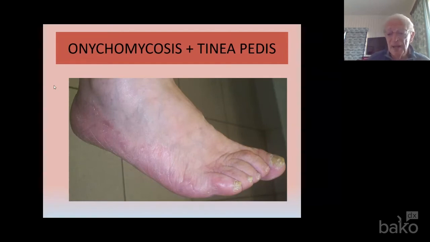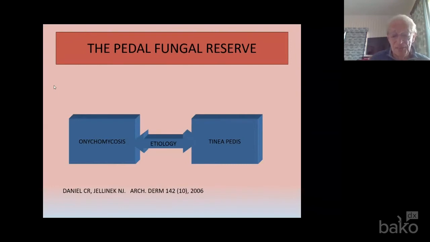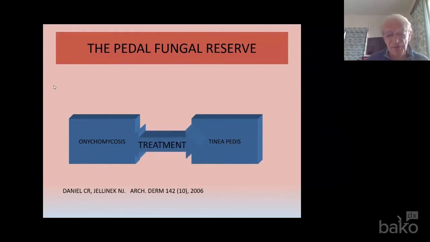Keep in mind that when they have onychomycosis, interspace infections with tinea and generalized tinea pedis becomes more important. So we have this so-called pedal fungal reserve. This was a paper, it's almost 20 years old, but I like that term, saying that, look, I tell the patients the onychomycosis and tinea pedis are feeding off each other. Either the nails are infecting the skin or the skin's infecting the nails, and we need to treat them both at the same time.